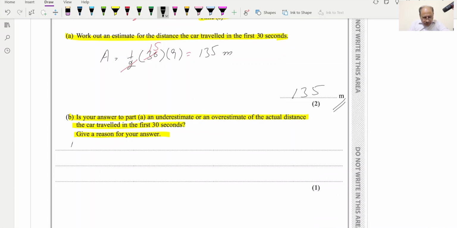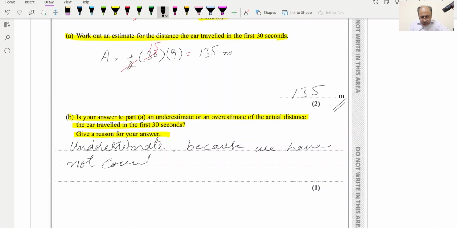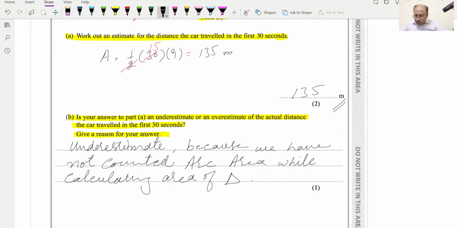So our answer will be underestimate, with the reason that we have not counted the arc area while calculating the area of the triangle. So this will be our answer.